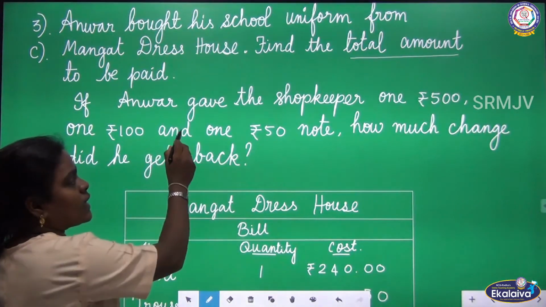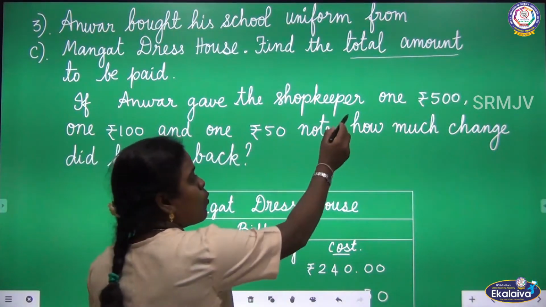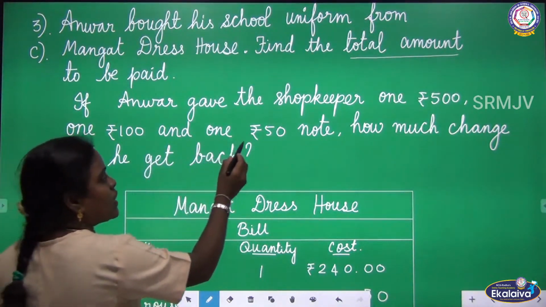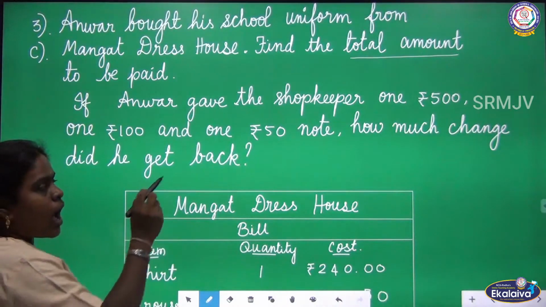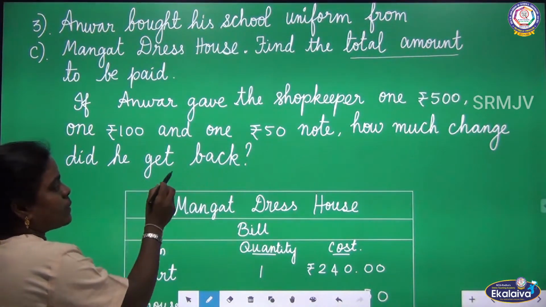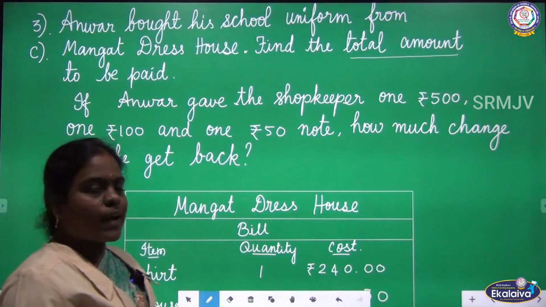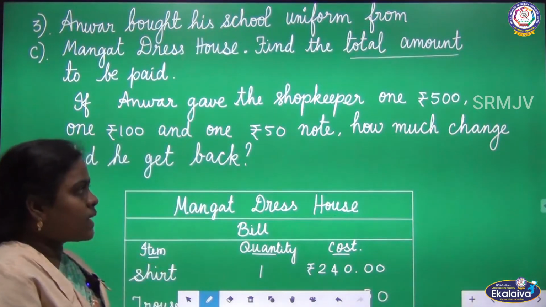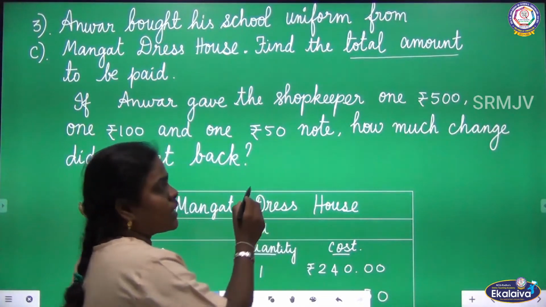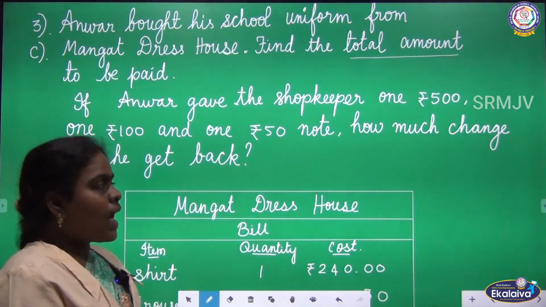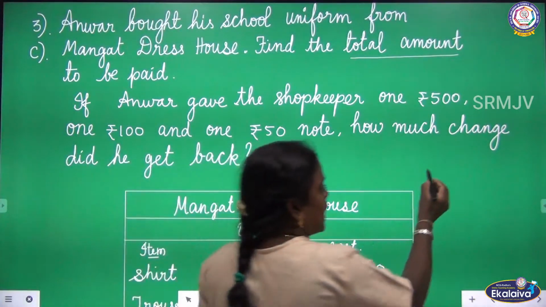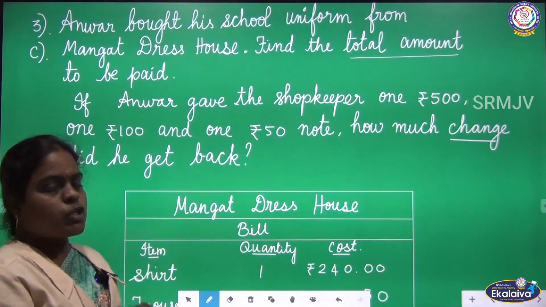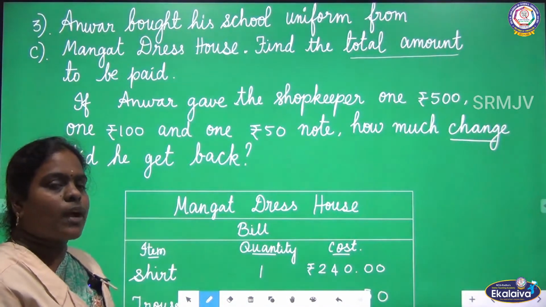If Anwar gave the shopkeeper 500 rupee, 100 rupee and 50 rupee notes, how much change did he get back? So first we want to find out the total amount he has to pay, and the second thing, the amount which he paid to the shopkeeper, and the third thing, the change, how much he can get back from the shopkeeper. So 3 things we want to find out.